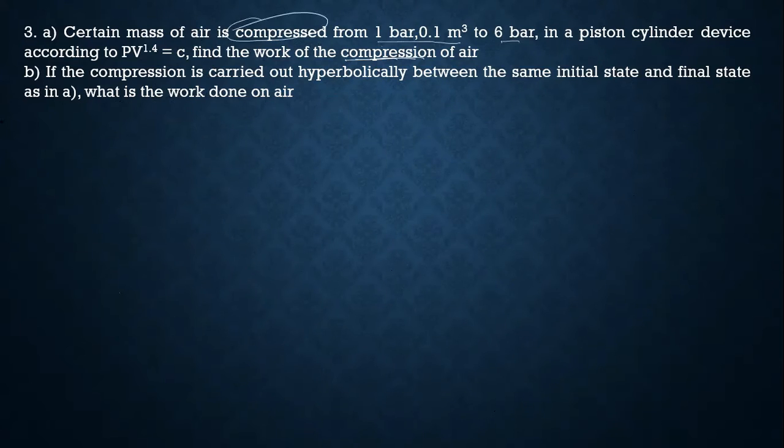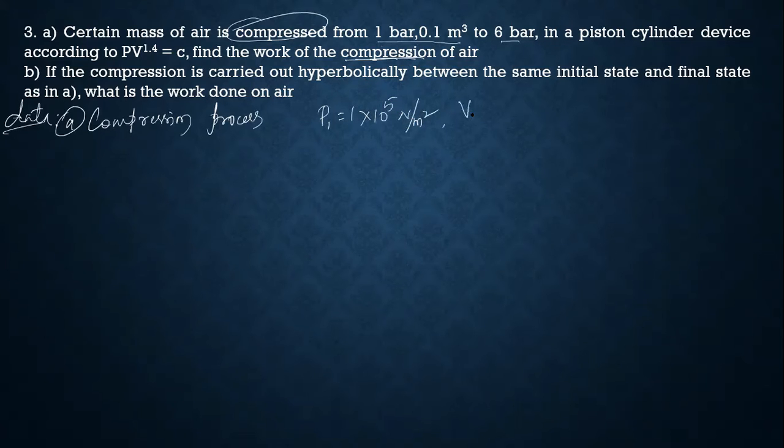Now here is a compression process. I'm solving a question here. From 1 bar, P1 is 1 into 10 to the power of 5 Newton per meter square, V1 is 0.1 meter cube, to 6 bar.